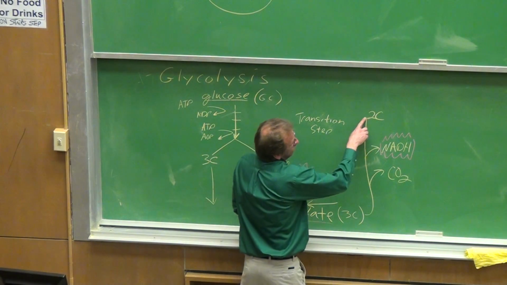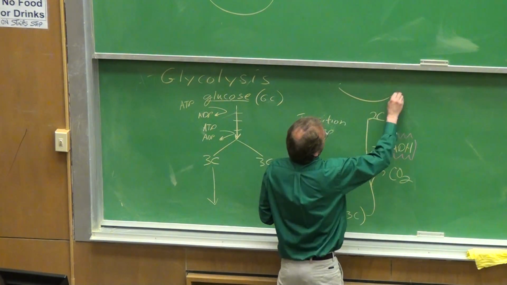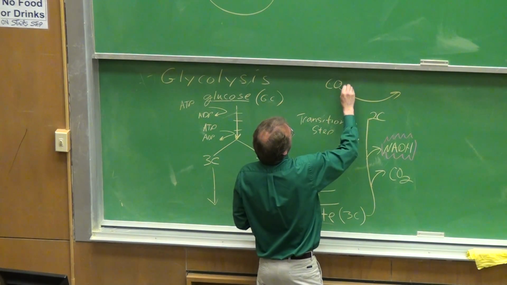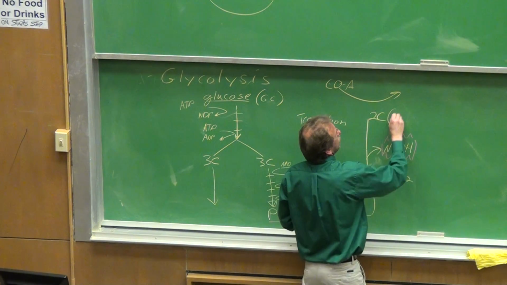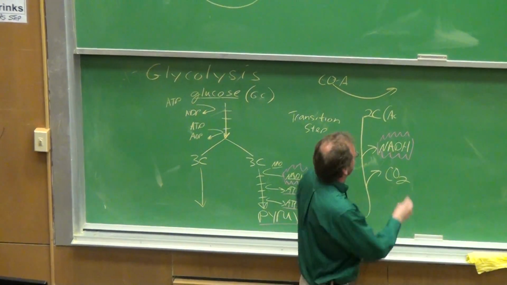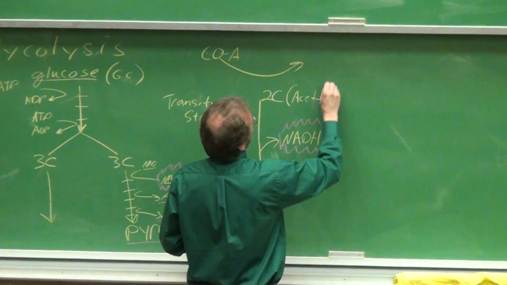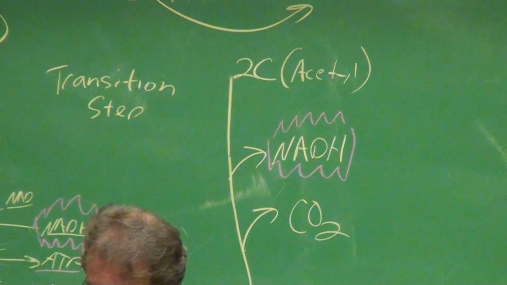Well, this 2-carbon molecule can't enter into the next phase without a little help. There is a coenzyme, CoA, that will add to this 2-carbon molecule, which is acetyl. So what we end up with here is a molecule called acetyl-CoA.